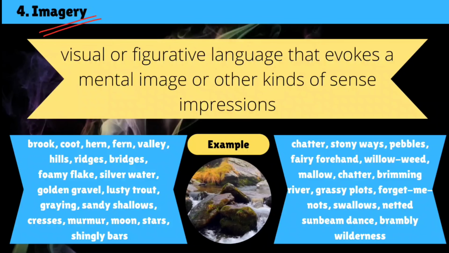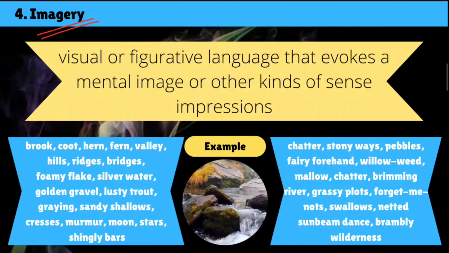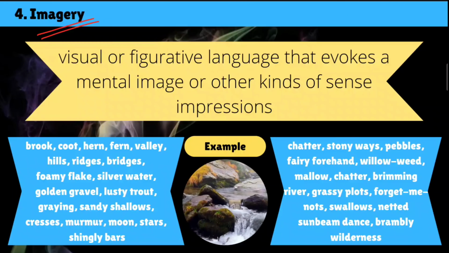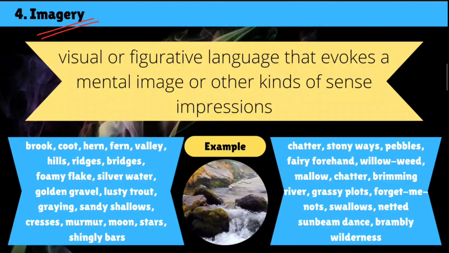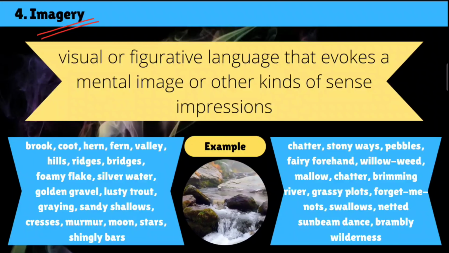And this technique is actually used to evoke or create mental images. And this technique actually helps writers, poets to communicate their ideas, to communicate their concepts clearly. Therefore, this is a very important technique and should be used, must be used by poets.